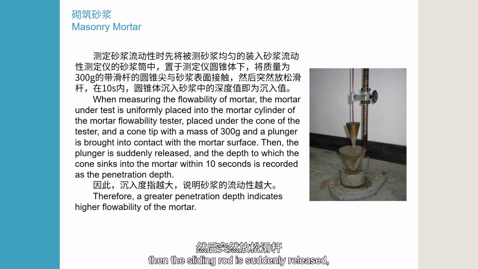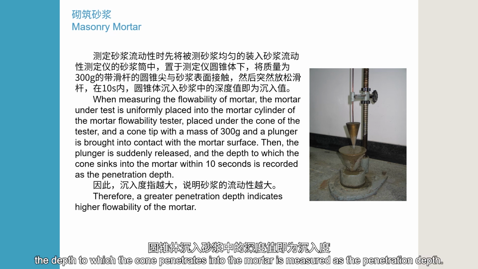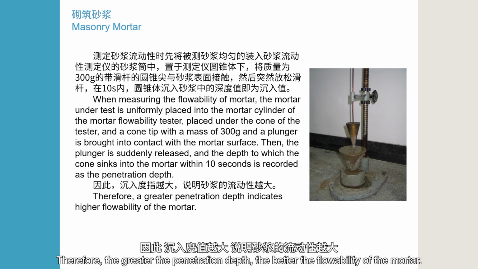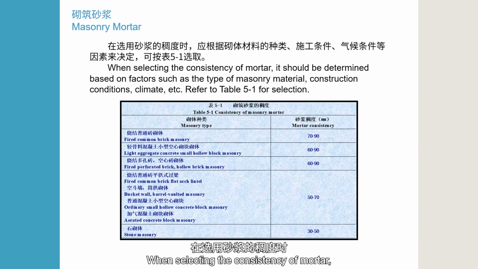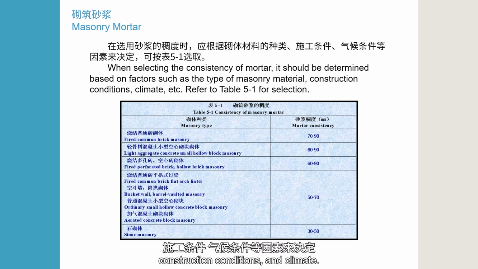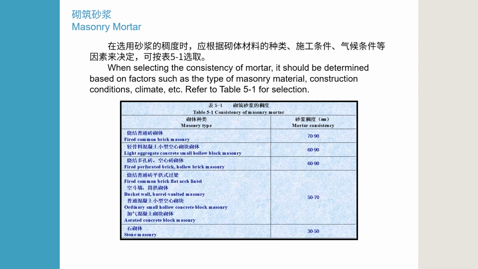Then the sliding rod is suddenly released, and within 10 seconds, the depth to which the cone penetrates into the mortar is measured as the penetration depth. Therefore, the greater the penetration depth, the better the flowability of the mortar. When selecting the consistency of mortar, it should be determined based on factors such as the type of masonry material, construction conditions, and climate. Refer to Table 5.1 for selection.